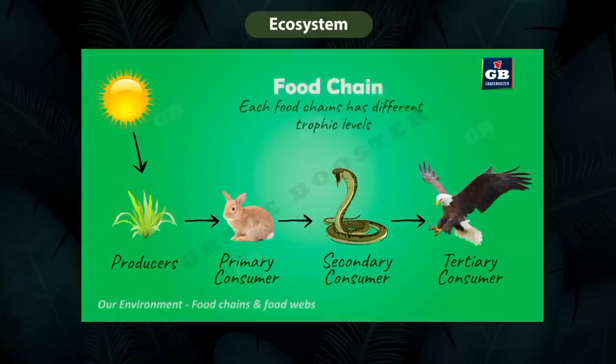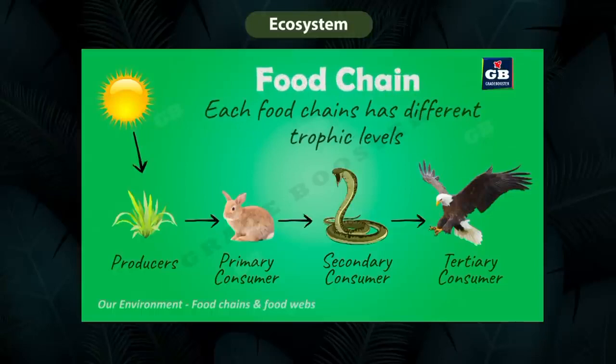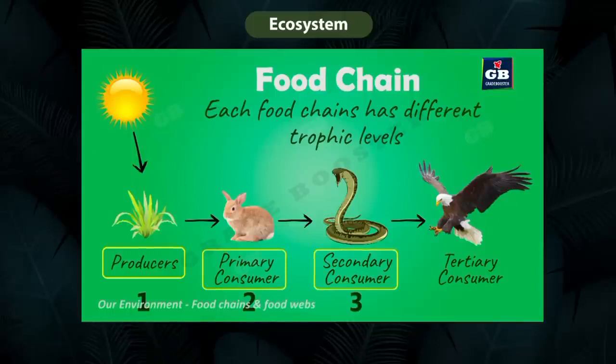So each food chain has different trophic levels. We find producers in the first trophic level, primary consumers in the second trophic level, secondary consumers in the third trophic level, and tertiary consumers in the fourth trophic level. In this food chain, we can observe the flow of energy from one organism to another organism.